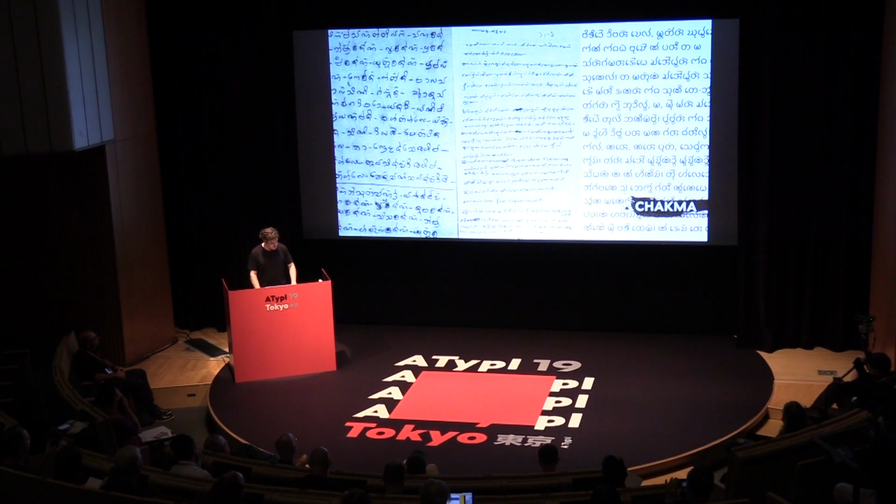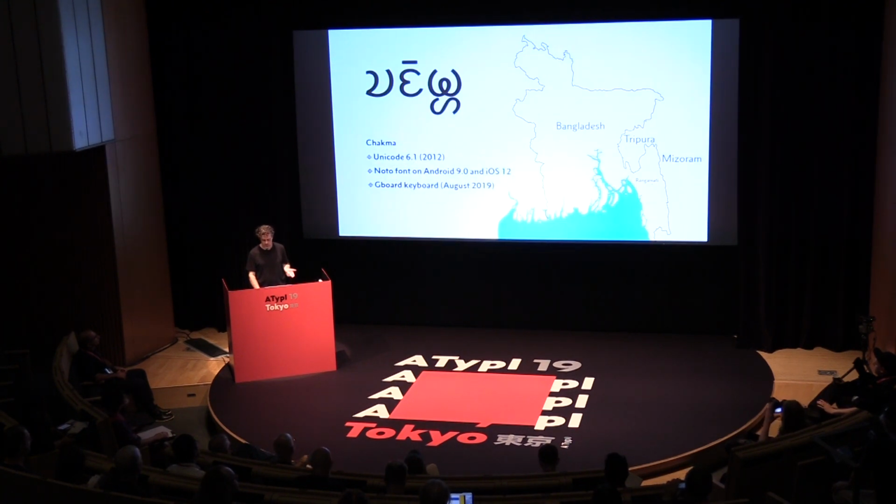Okay, here's the fun stuff that I'm more into, Chochmah. This is a minority language. It's the name of the minority people, the language, the script, Chochmah. Some of you are familiar with it because of Bivudi Chochmah, who is a proponent and pushing hard to get this going in computers. He wants to have his language out there in the world. This was encoded in 2012, already 7 years ago, and there was no font available as a system font until just this last year or so.